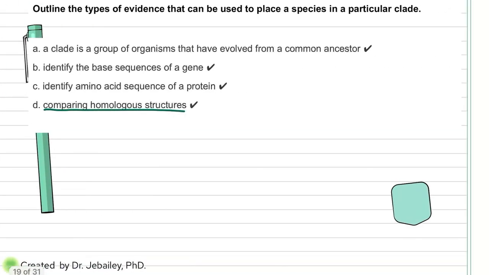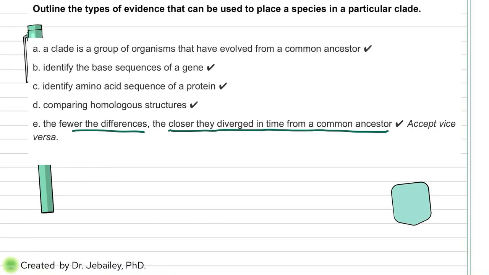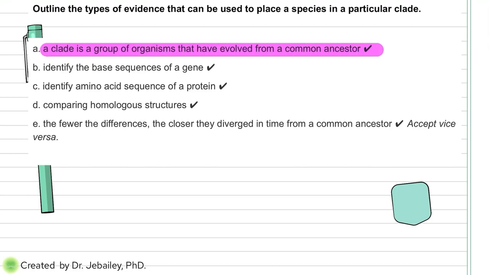So going back here, we have basically put the most common things they can talk about for clades. First of all, and the most important of all, mention what a clade is. It's just a group of organisms that might have some differences or similarities of the traits coming from that common ancestor. So we're looking at their differences and the similarities, not just the similarities.